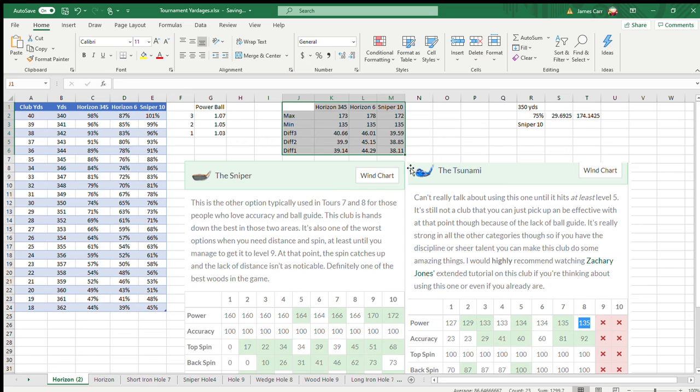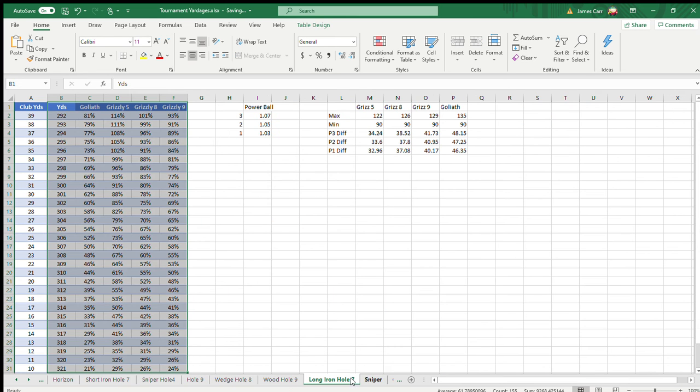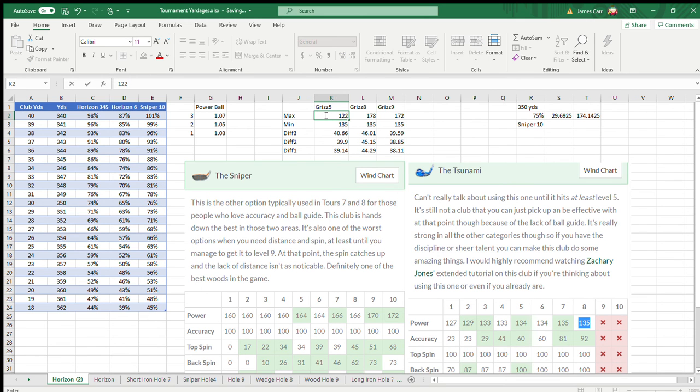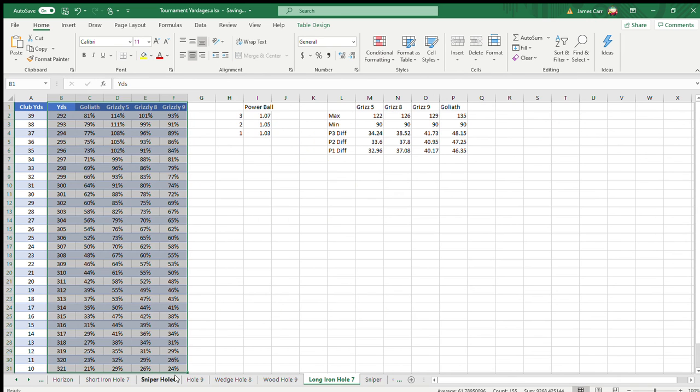Let's say I was using Grizzly 5, Grizzly 8, and Grizzly 9. I'm sure I have those somewhere. Anyway, I don't remember how far they are. Oh yeah, 122, 126, 129, and then how far did it go? 90.